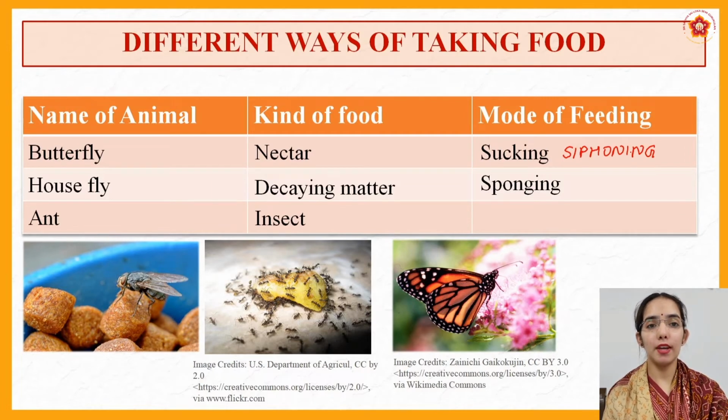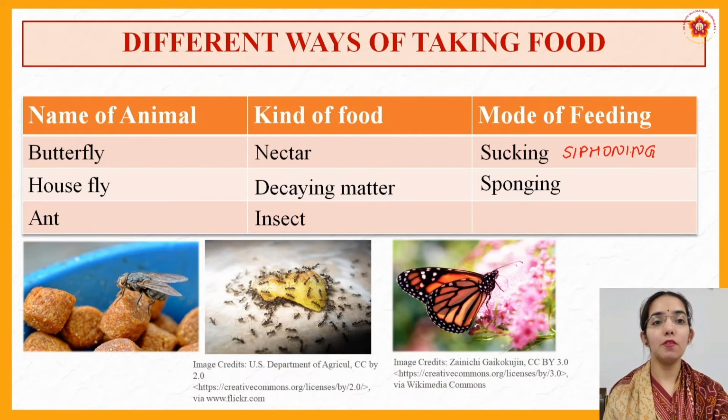Once that food item is dissolved, then using a trunk-like structure, they will draw up that food inside in dissolved form. They cannot take substance in solid form, they can only take it in liquid form. So this mode of feeding is known as sponging.